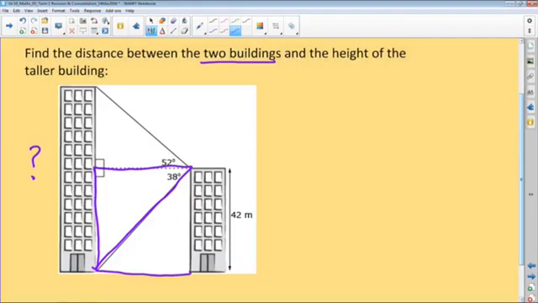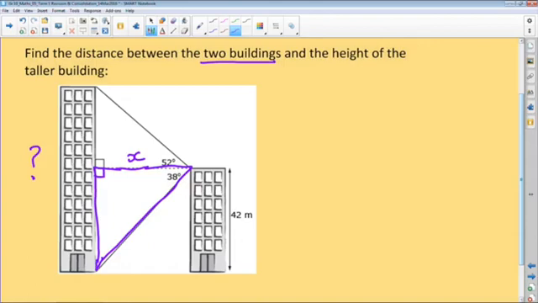So we have this triangle that's over here. Obviously, this distance over here is the same as this one over here. So let's call this distance a distance of x. Actually, I suppose I can work with this other triangle, can't I? It's still the distance between the two buildings.